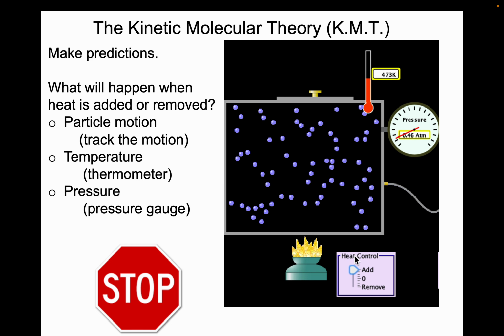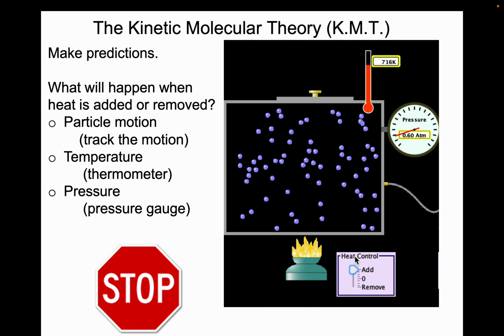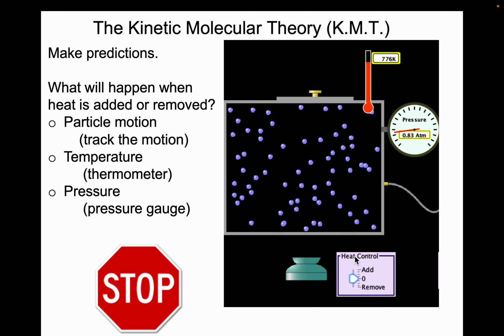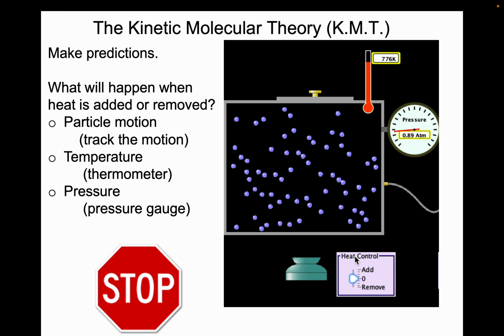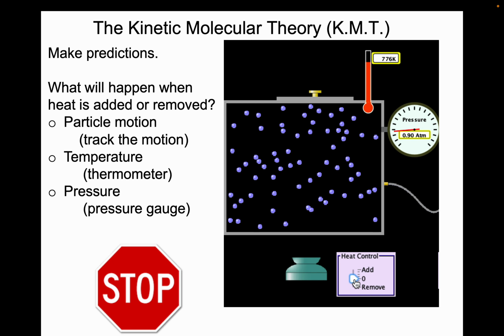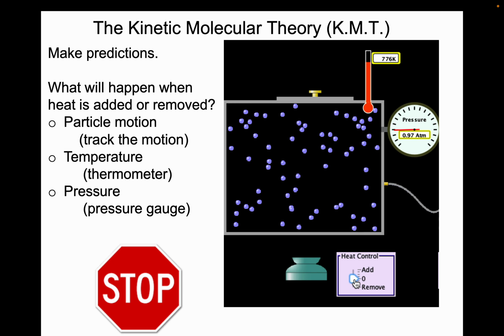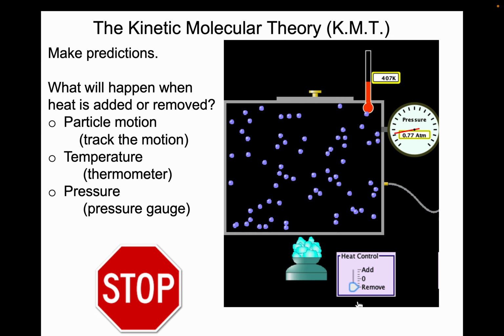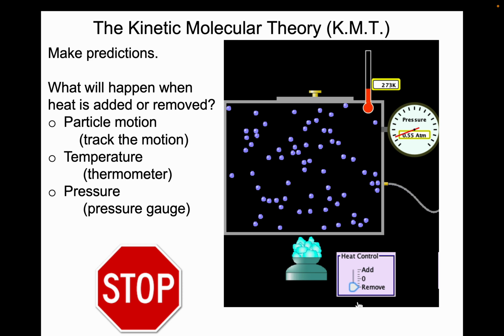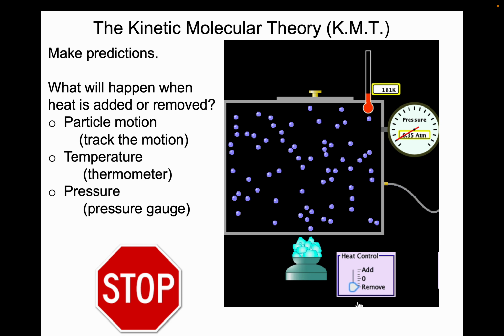We add heat, the thermometer goes up, particle motion increases, and the pressure increases, with particles more frequently striking the walls of the container with greater force. We remove heat, the thermometer goes down, and the average kinetic energy of the particles decreases.